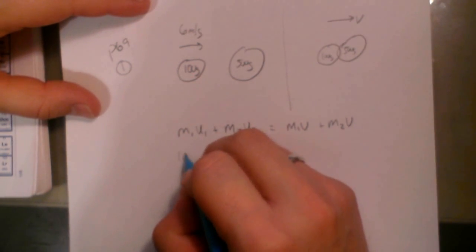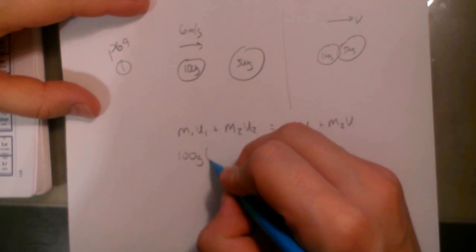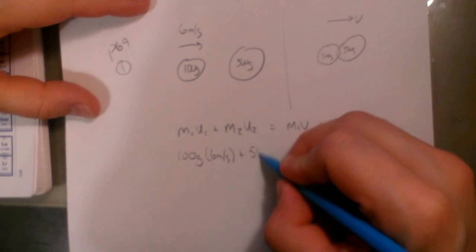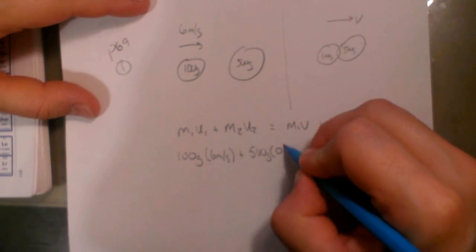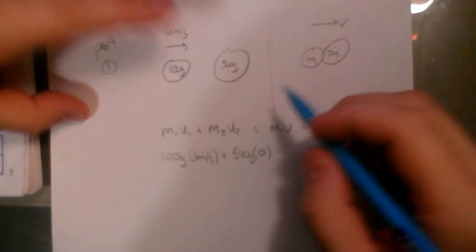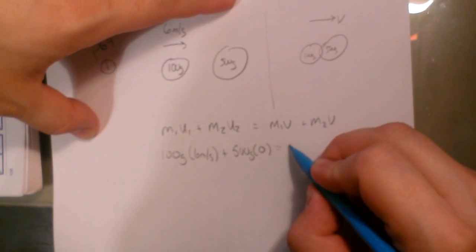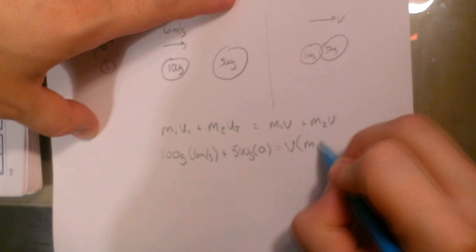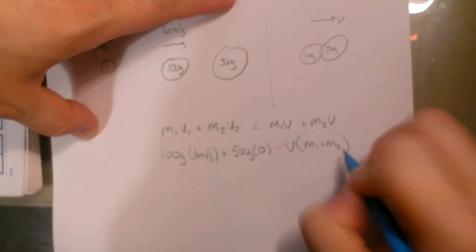Mass 1 is 100 grams times 6 meters per second, plus mass 2, which is 500 grams, times 0 meters per second because it's not moving. That is equal to, and I can reorder this, the velocity times mass 1 plus mass 2.